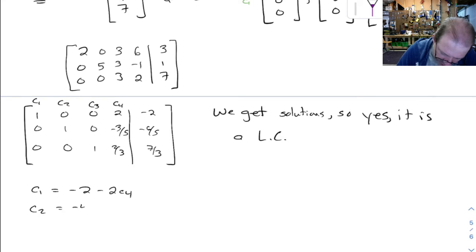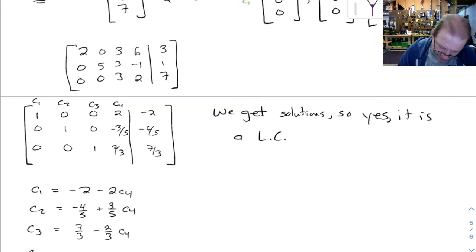C2 is negative 4/5 plus 3/5 C4. C3 is 7/3 minus 2/3 of C4. And C4 is a free variable, so it's just C4.